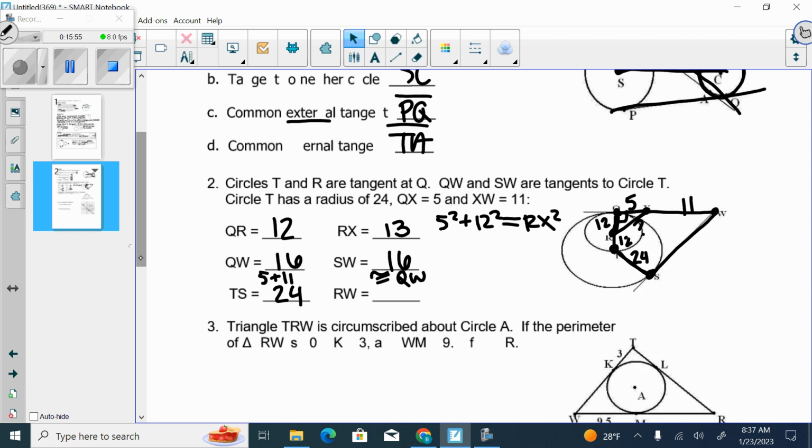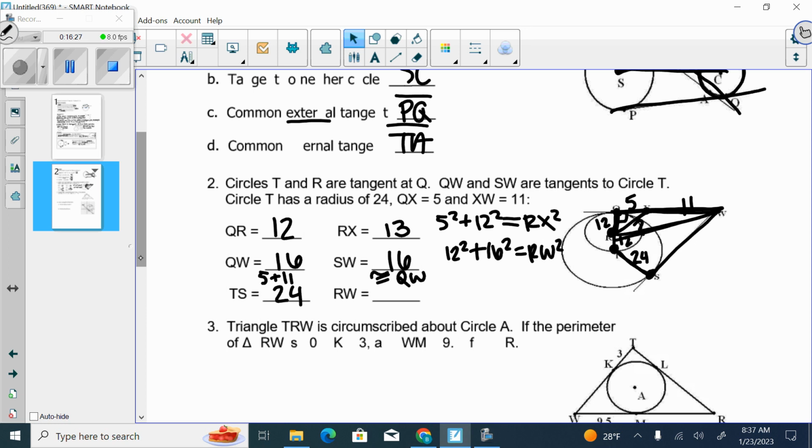All right, and the last one that they ask us for is RW. So R is here, W is here. Well, that still is a right triangle, right? Okay, so I know that one side of it is 12, plus this side up here, you guys said had a length of 16, equals that RW squared.